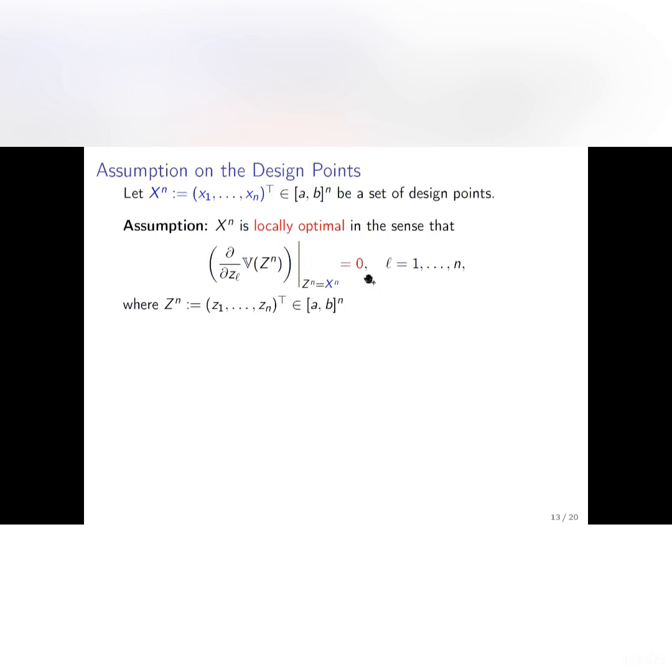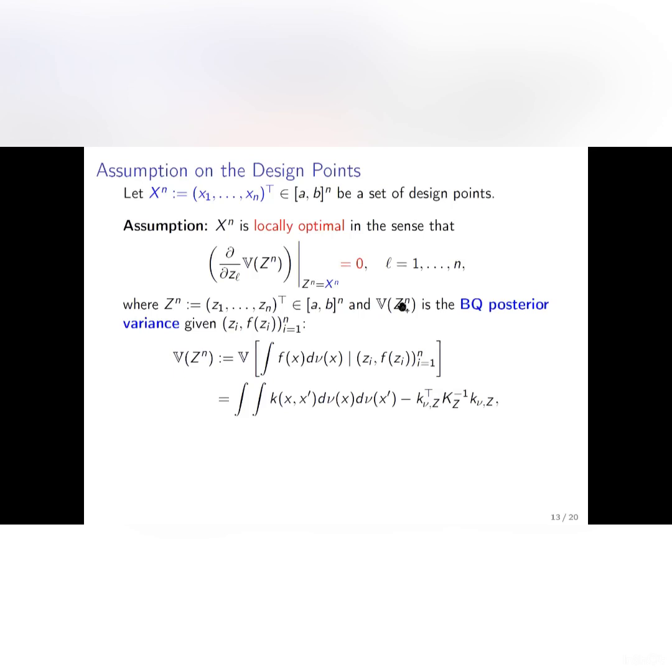Okay, so the derivative vanishes, and this z_n here is just a variable vector, and V(z_n) is the Bayesian quadrature posterior variance given these variable points z_i.